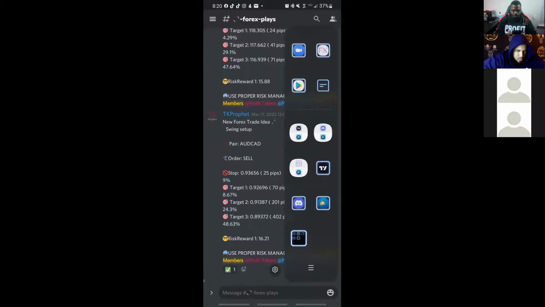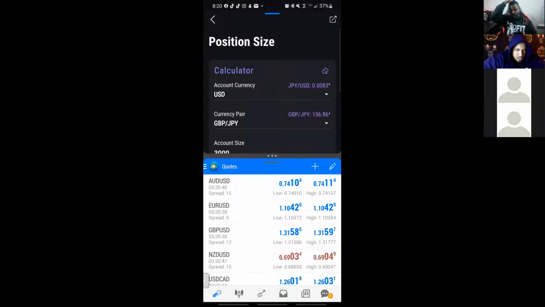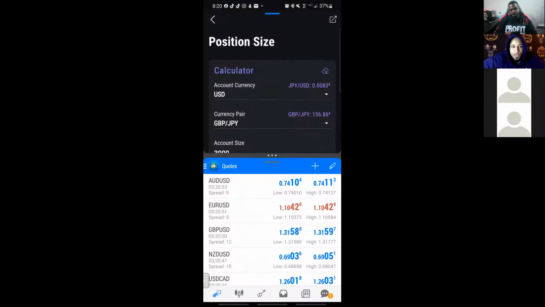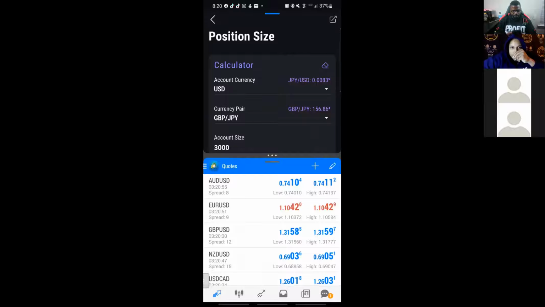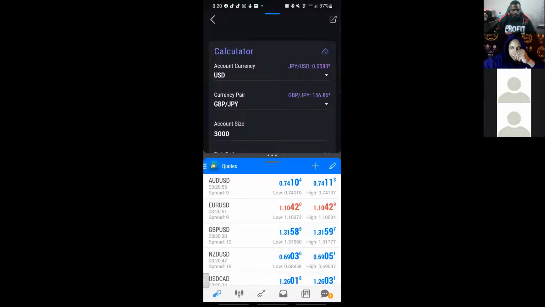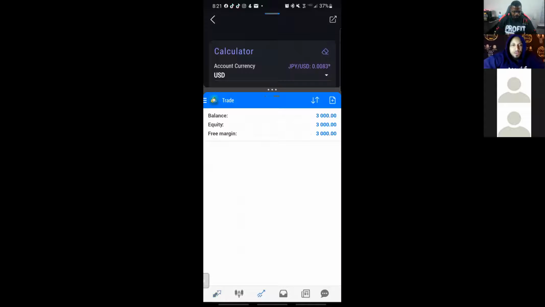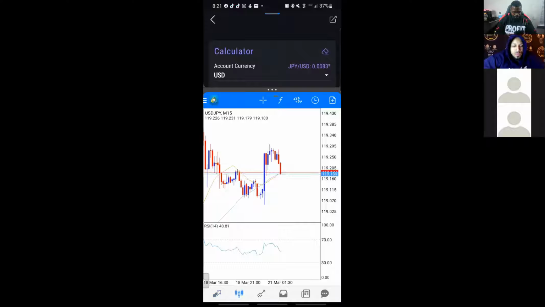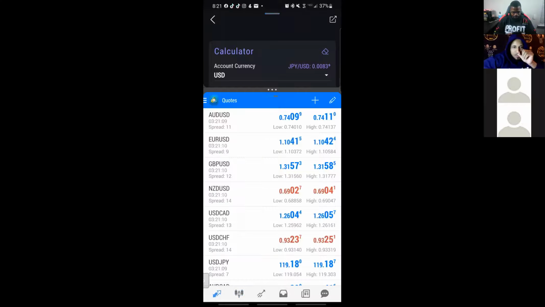Okay. Now I have a Samsung device, so it allows me to use a split screen. iPhone, I don't think they have that, but it helps me with entering in setups, being able to use both screens at one time. But before we continue on, let's say, for instance, you have a demo account and you have not added your pairs.